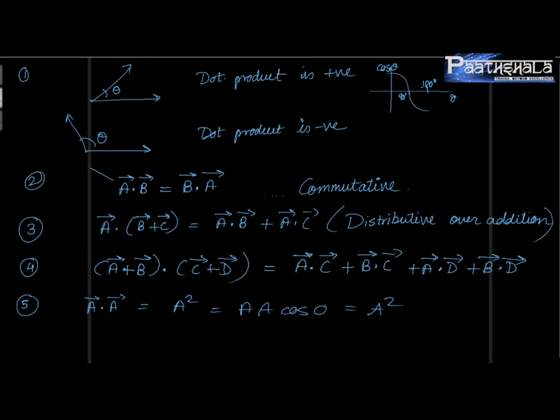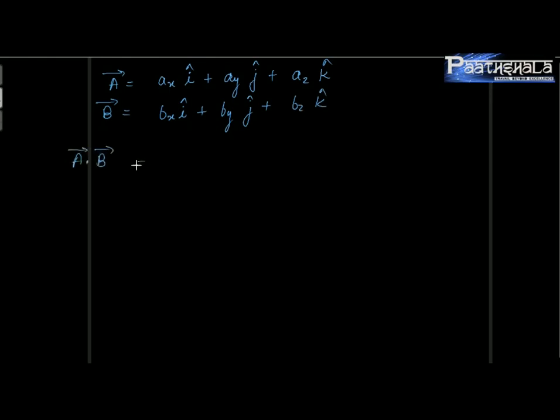And last but not the least about dot product, if two vectors are represented as A bar is equal to Ax i hat plus Ay j hat plus Az k hat, and B vector is equal to Bx i hat plus By j hat plus Bz k hat, then A vector dot B vector is given as Ax Bx plus Ay By plus Az Bz.